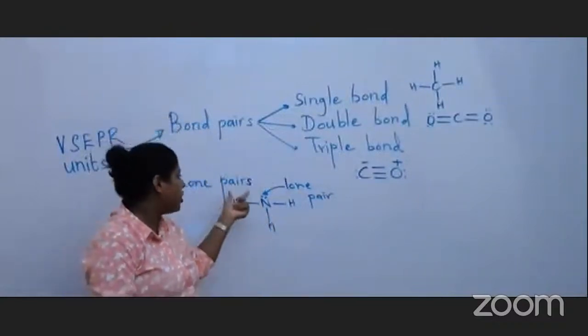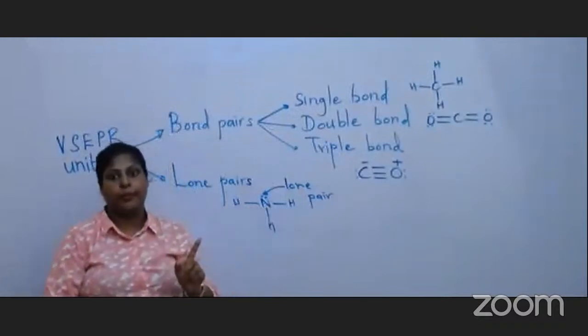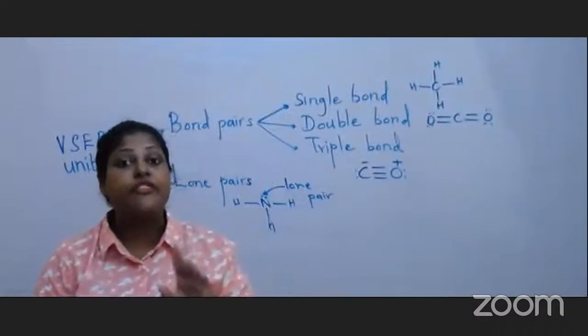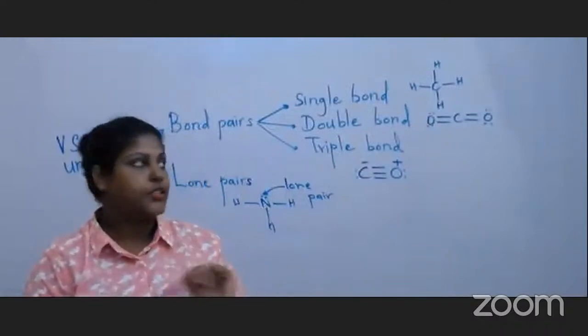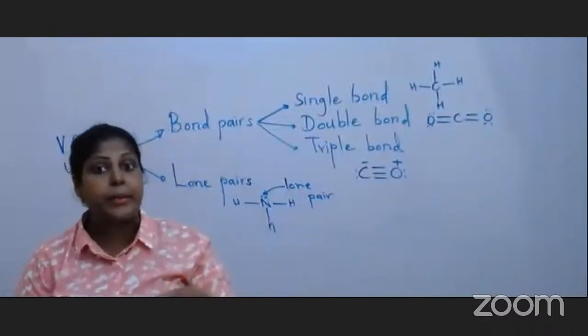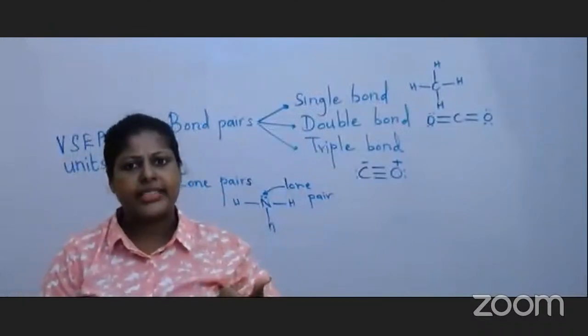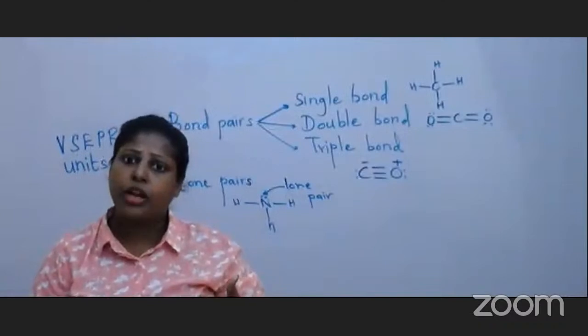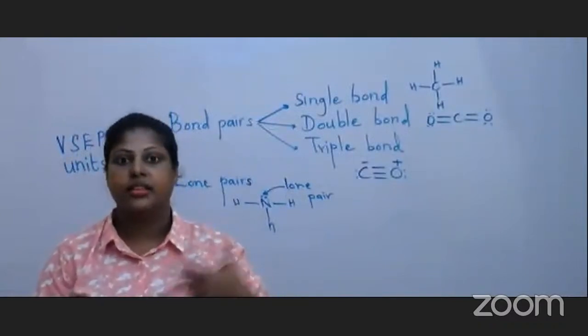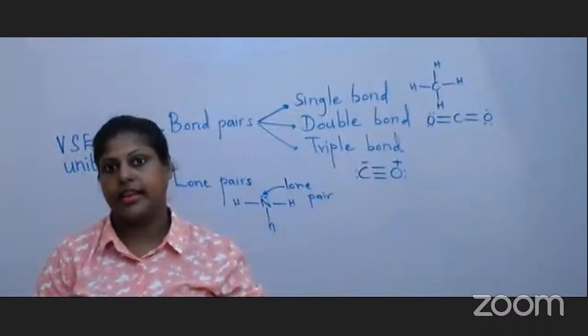When you take a lone pair, one lone pair is also considered as only one VSEPR unit. So by taking the VSEPR units around the central atom of a simple molecule, you can determine the geometry of the molecule, shape of the molecule, hybridization, something like that, right?